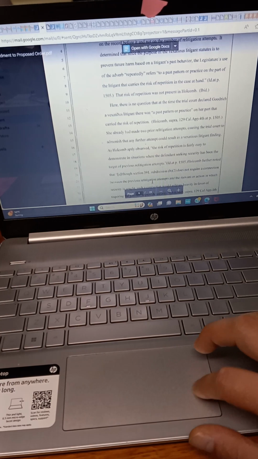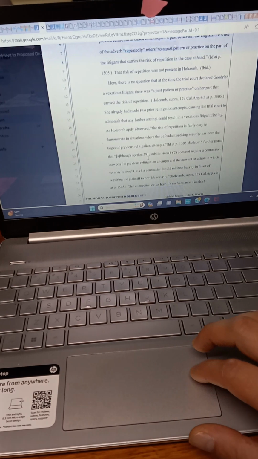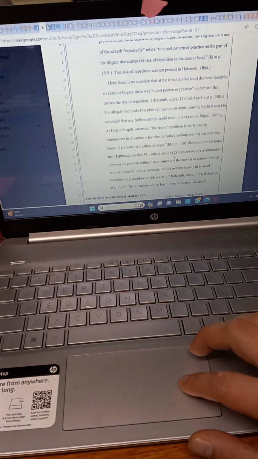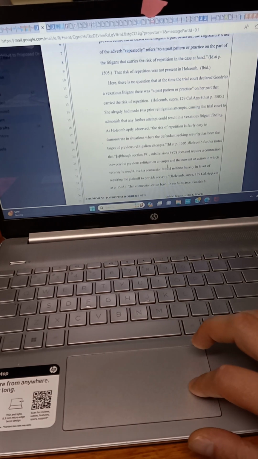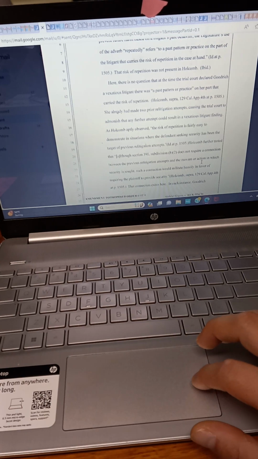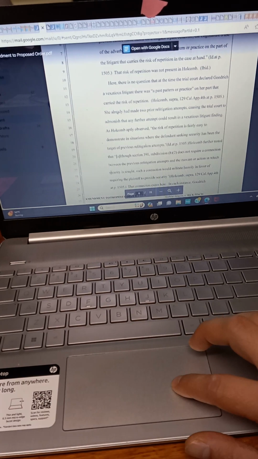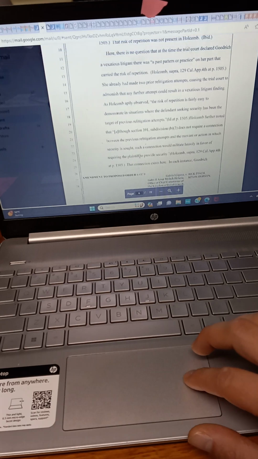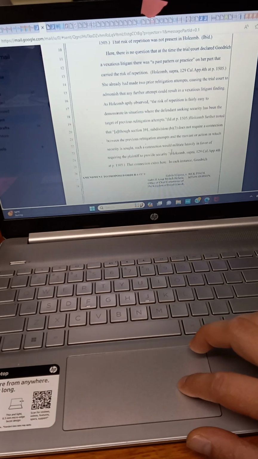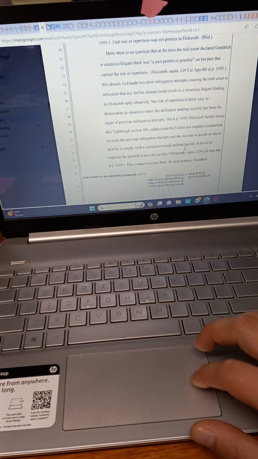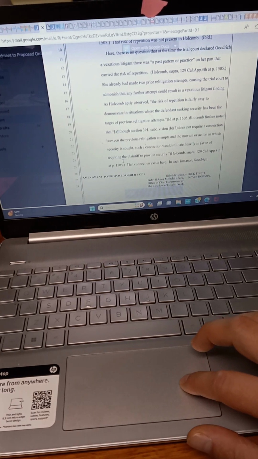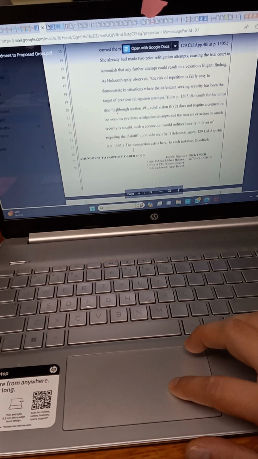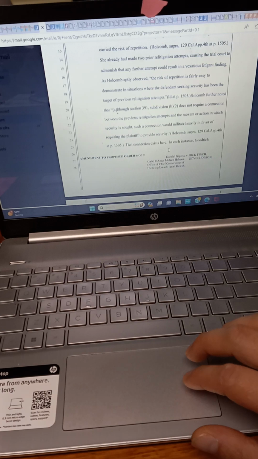Holcomb further noted that although Section 391, subdivision (b)(2) does not require a connection between the previous litigation attempts and the motion or action in which security is sought, such a connection would militate heavily in favor of requiring the plaintiff to provide security. Holcomb. That connection exists here.